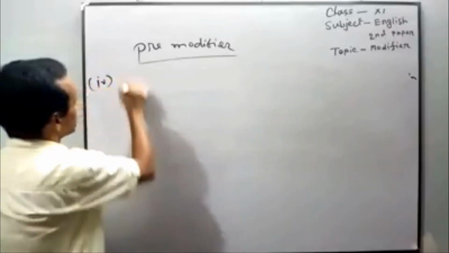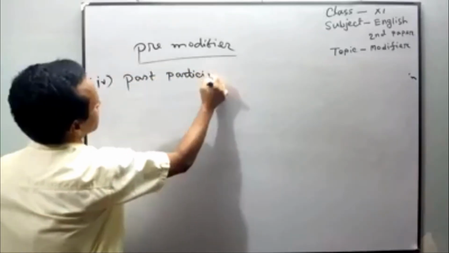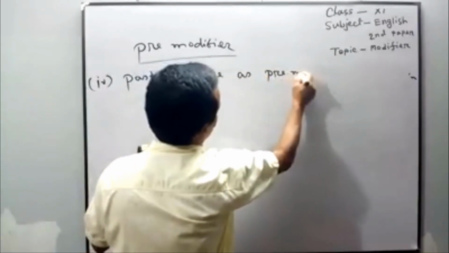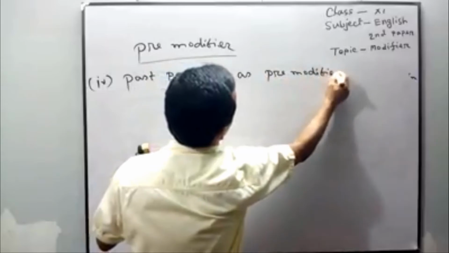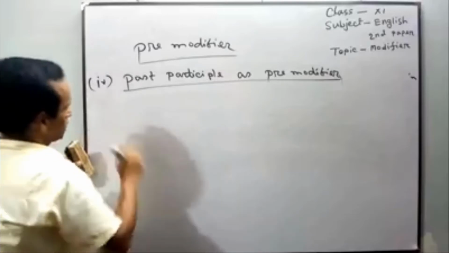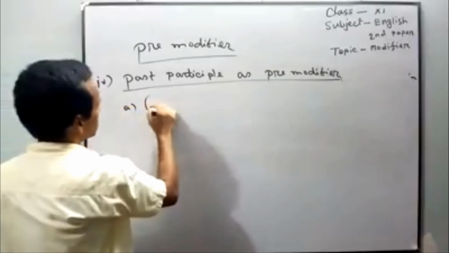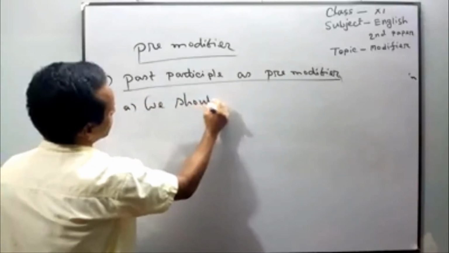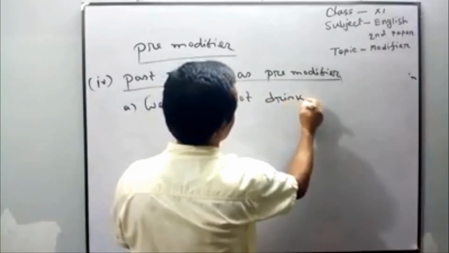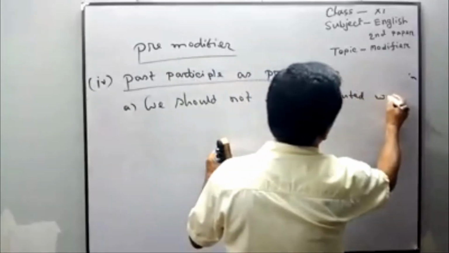Next, past participle as pre-modifier. For example, we should not drink polluted water.